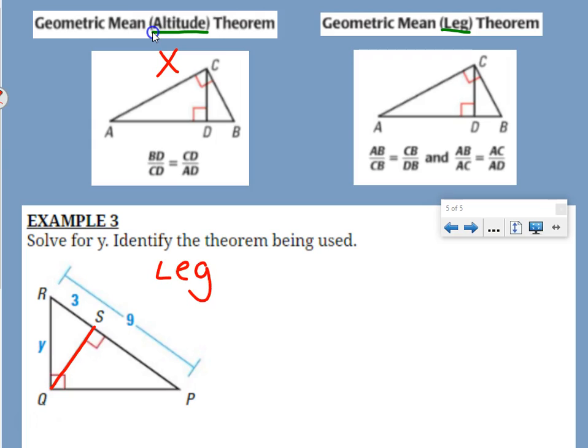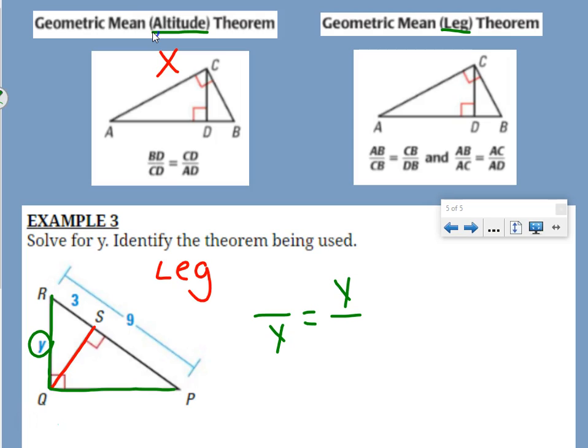So then, for the leg theorem, we have to figure out which leg we're given. The leg of the big triangle. We look at the big triangle. So these two are our legs. Well, we know y. So we set up y as our geometric mean. So it goes on the bottom of the first ratio, the top of the second ratio.